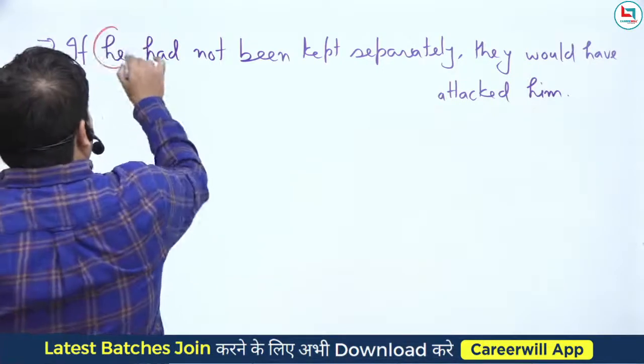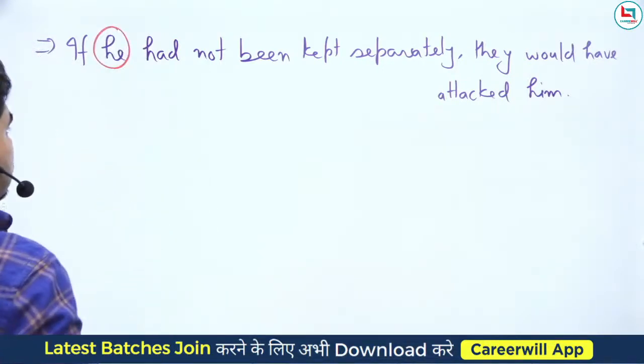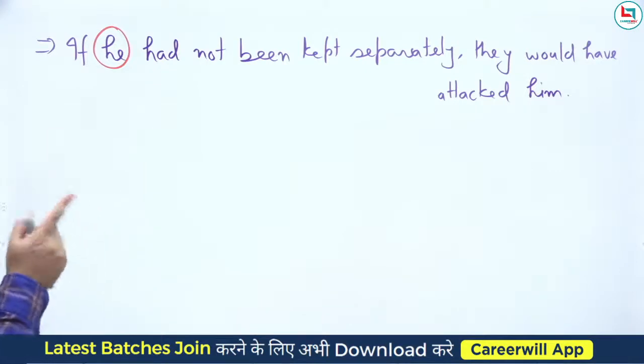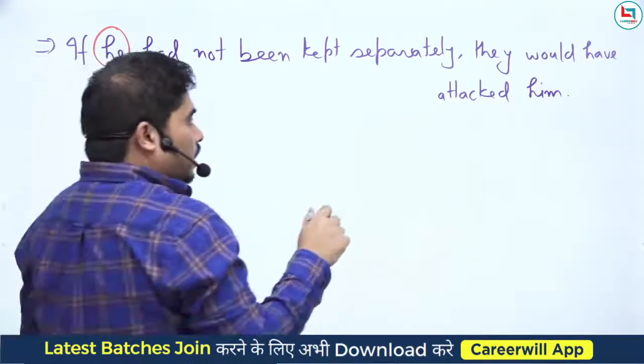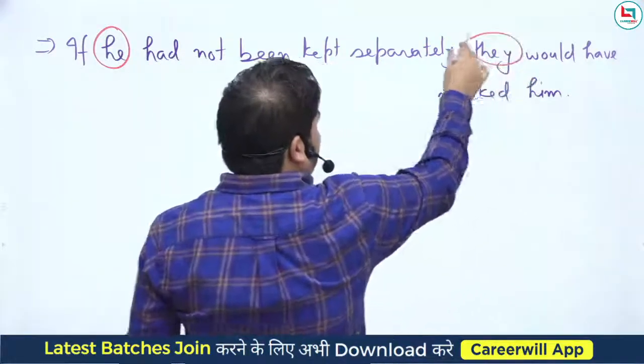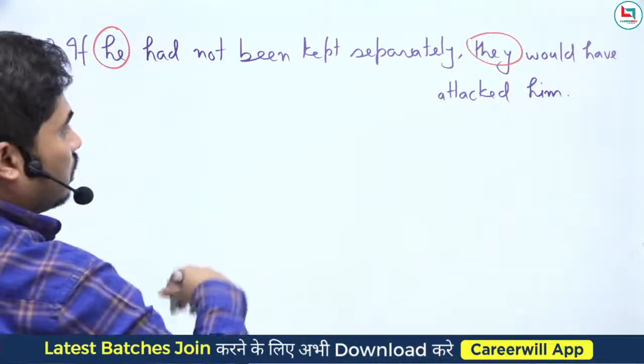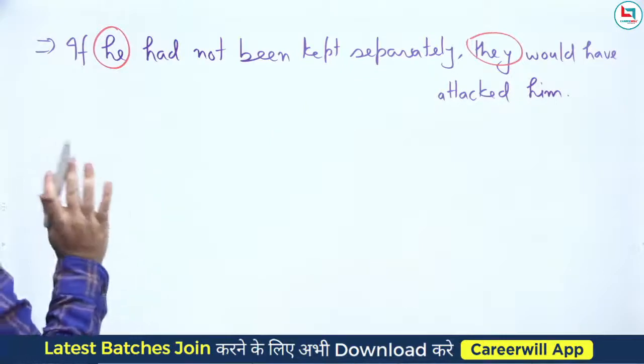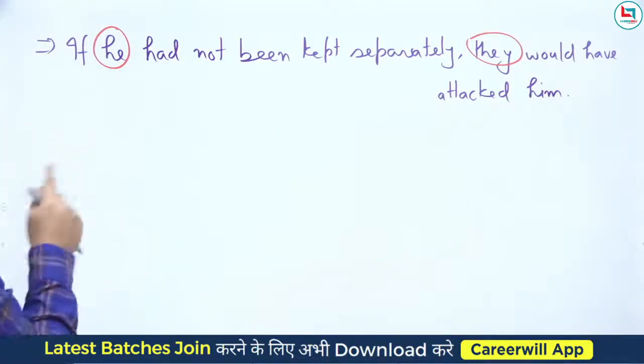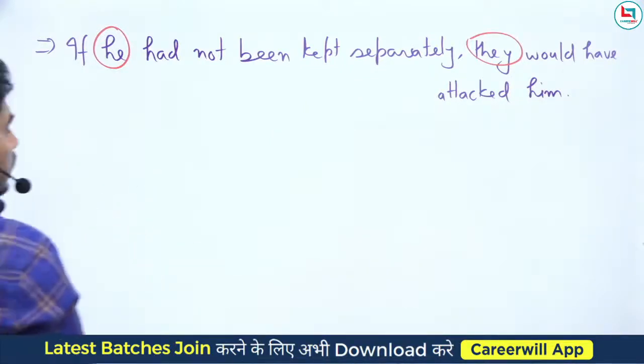This he has been used for Ram Rahim, and they is used for other inmates in the same jail. तो उसका कहना ये था कि अगर राम रहीम को अलग नहीं रखा गया होता तो बाकी कैदी उसके ऊपर हाथ साफ कर दिए होते. So if he had not been kept separately, they would have attacked him.